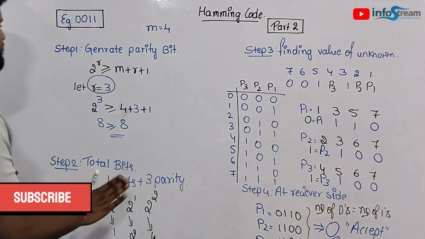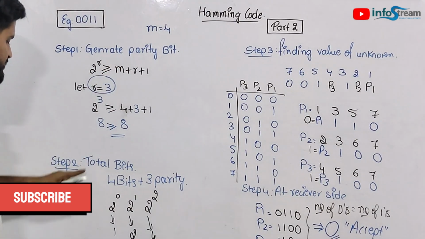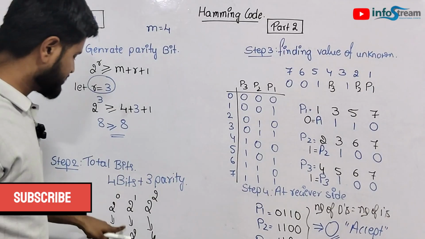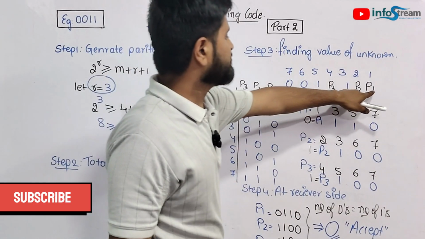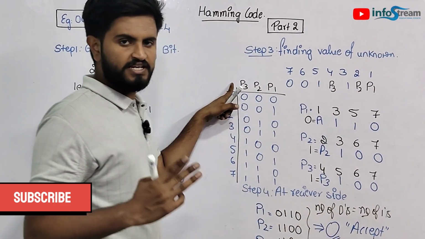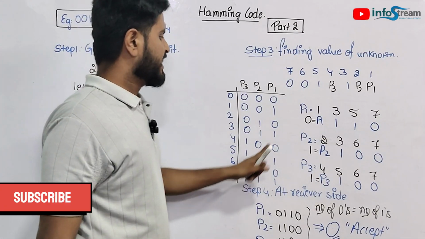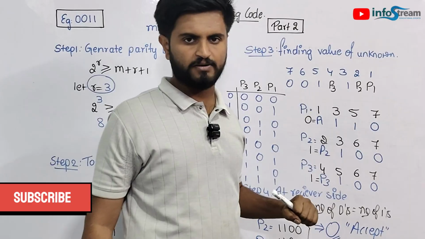So what did you do? First, generate the parity bits while satisfying this condition. Next, take the total number of bits and assign the spaces where the parity bits will be. So parity bits P1, P2, P3: 3 parity bits. So 2 power 3, 8 combinations you will be writing, and where 1 is there, you will assign the values as seen in this table.